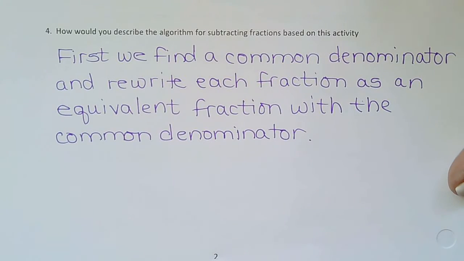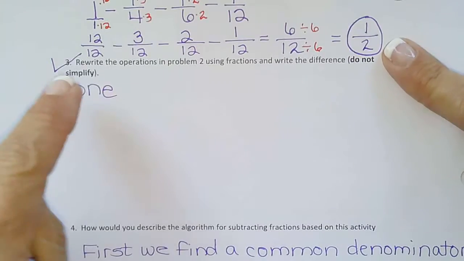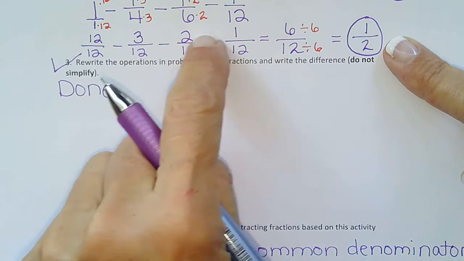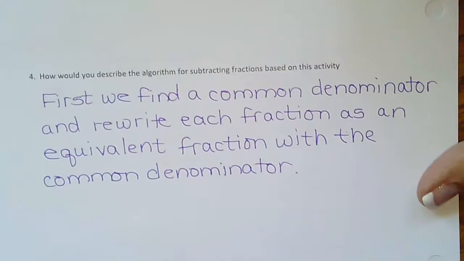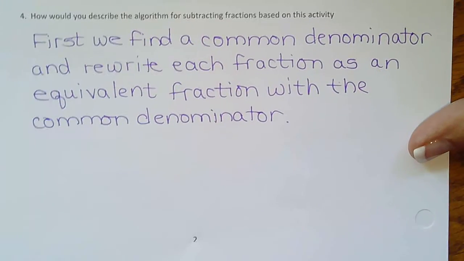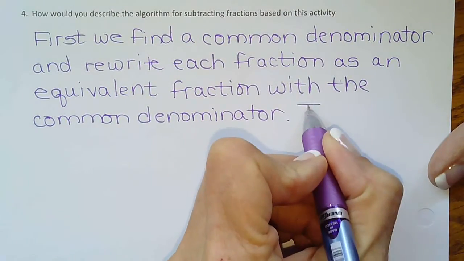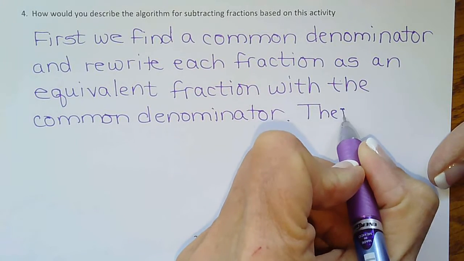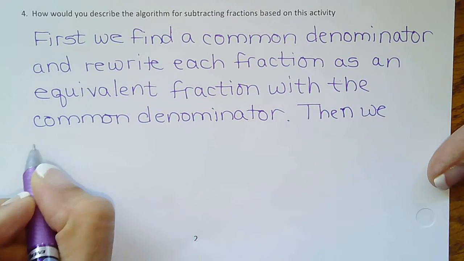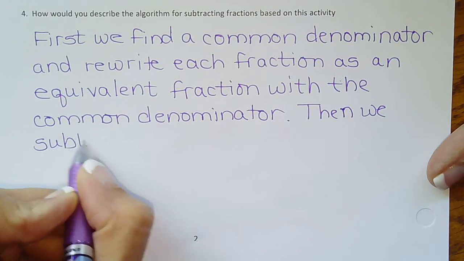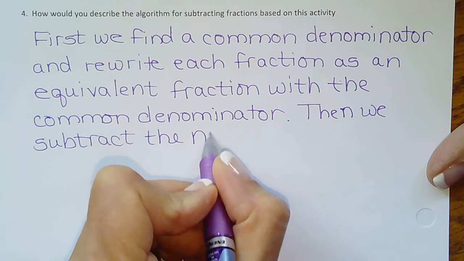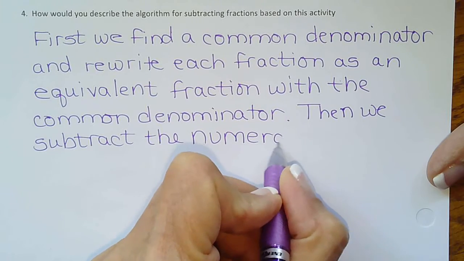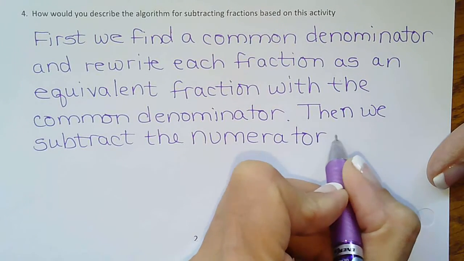Then once we get the common denominator for all the fractions, then think about what we did. Then we subtracted the numerators, kept the denominators the same. So that's what we need to write next. Then we subtract the numerators. And keep the denominators the same.